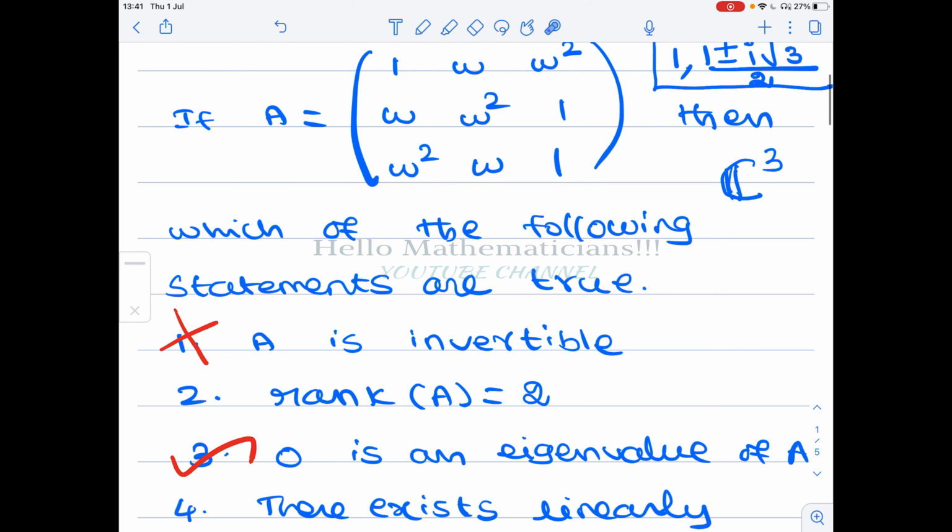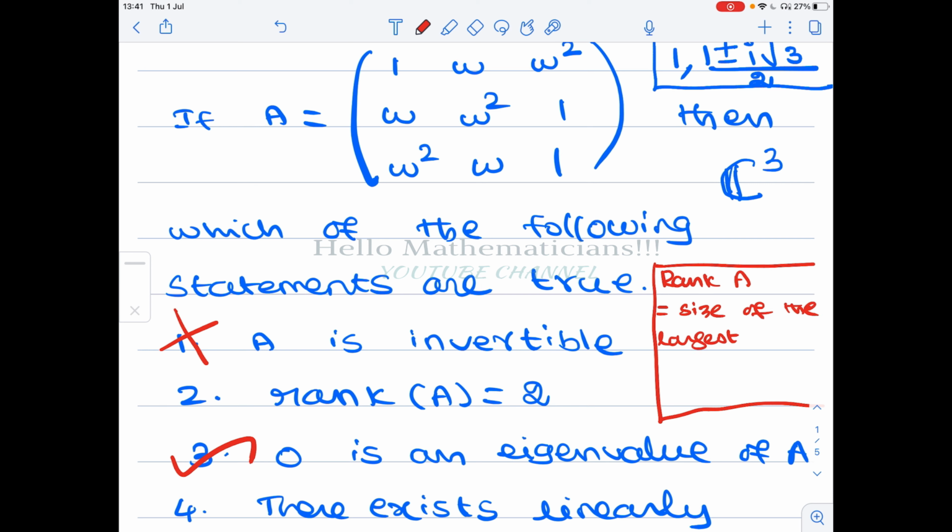So basically, what is rank? Let me write here. This is an equivalent definition of rank. Rank of A equals the size of the largest non-vanishing minor.